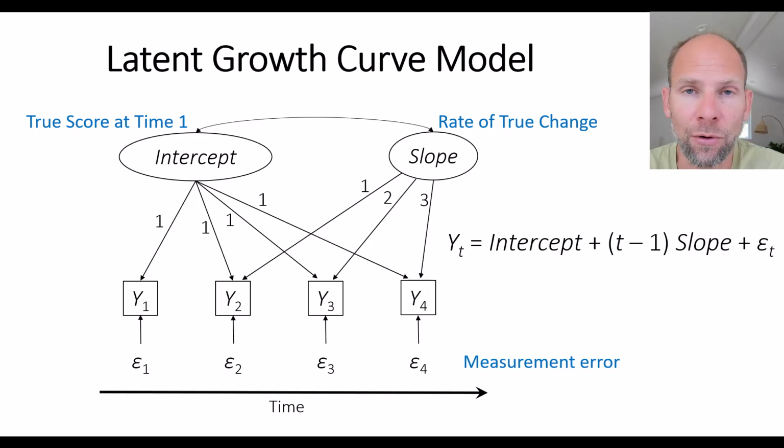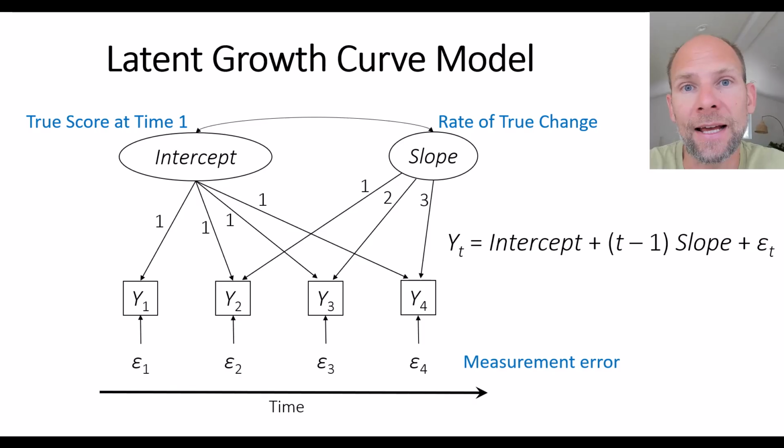All kinds of programs that can handle structural equation models can also handle latent growth curve models, or you can estimate the same model as a multi-level model, because this is a random coefficient regression model as this equation shows, and so you could estimate that in any program for hierarchical linear modeling or multi-level modeling. Any kind of program that can handle multi-level models could also handle a model like this.